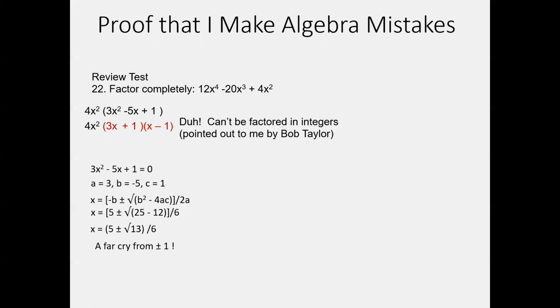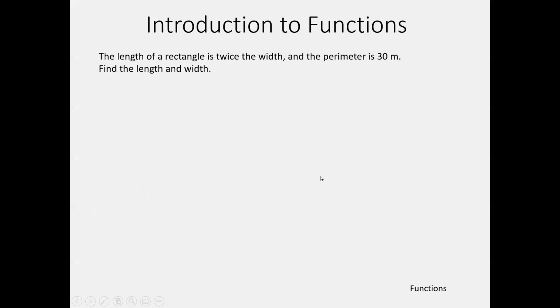That's a far cry from plus or minus 1, but those are in fact the solutions. Besides, 4x squared equal to 0 makes x 0. These would be the other two factors if you wanted to set this equation equal to 0.